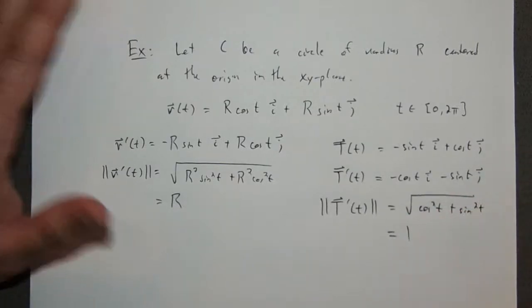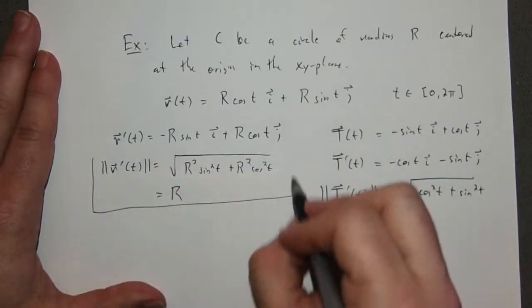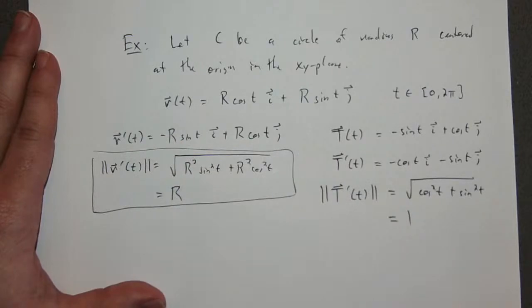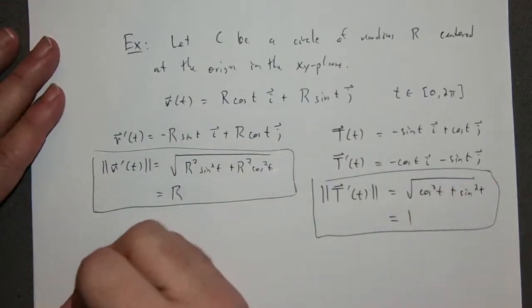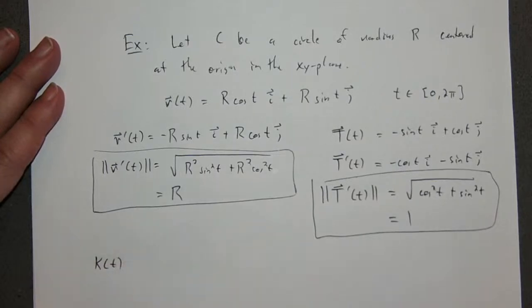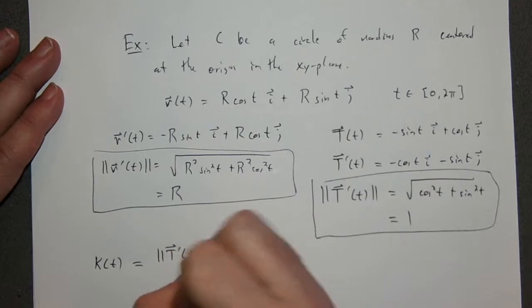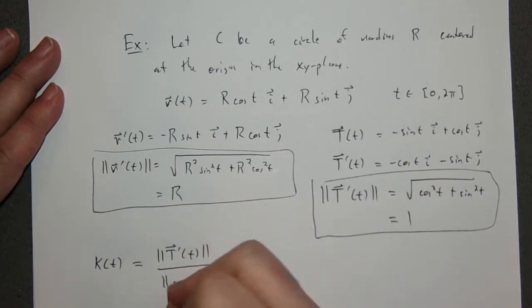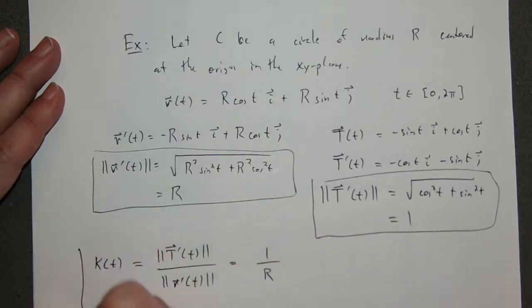So this is 1. Okay, so the length of r prime of t is r. The length of T prime of t is 1. So my curvature, kappa of t, is the length of T prime of t over the length of r prime of t, which is 1 over r.